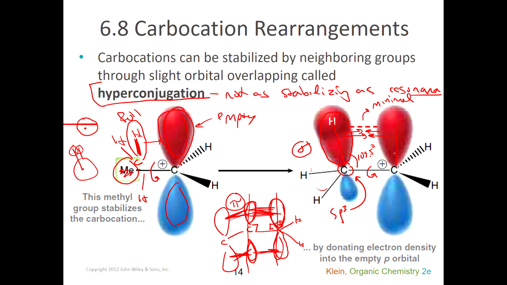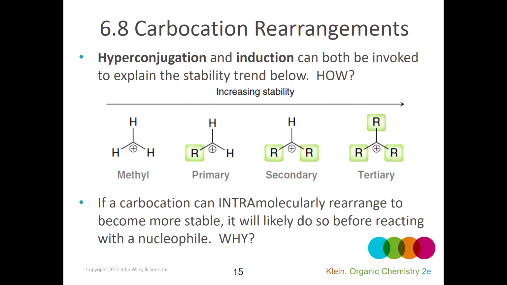So we can use that to understand this trend here. If I have a carbocation that's only bonded to hydrogens, there's no hyperconjugation. Right? This carbon with this empty p orbital, it's only bonded to hydrogens. So if there's no carbon, there's no sigma bonds here to overlap.